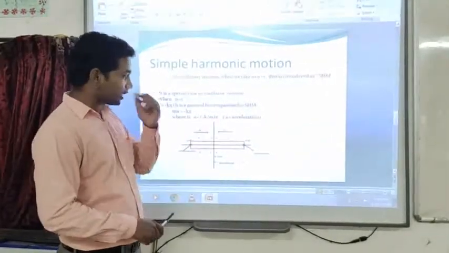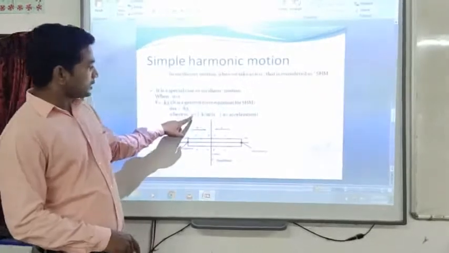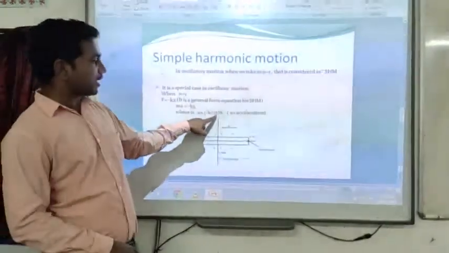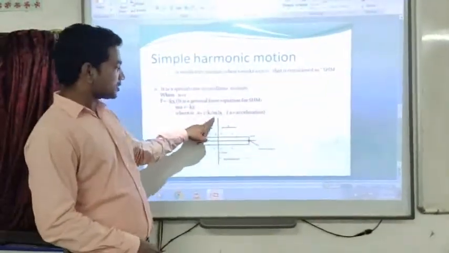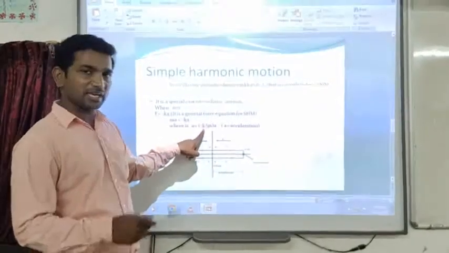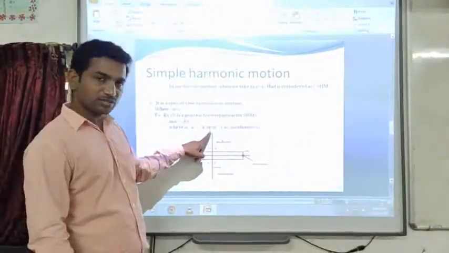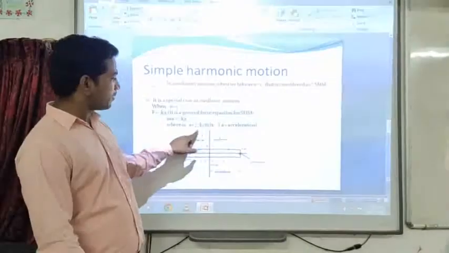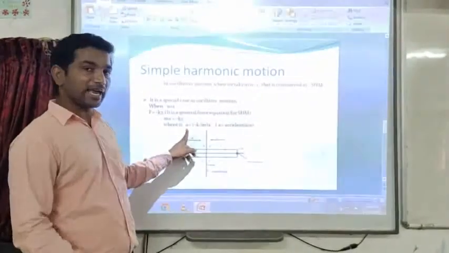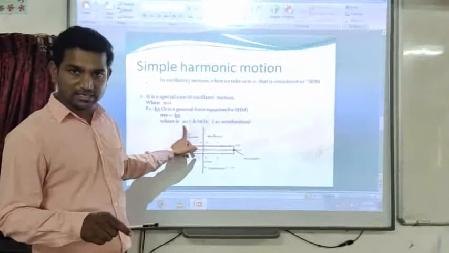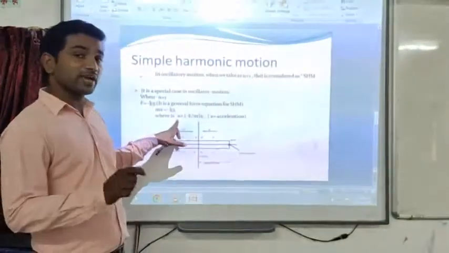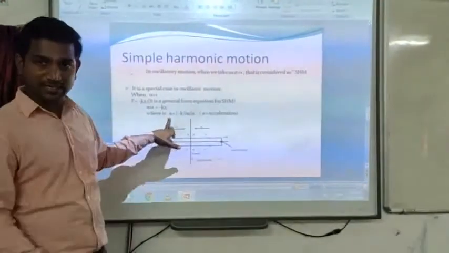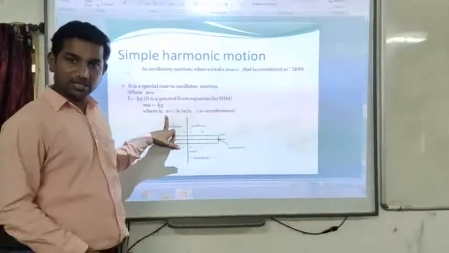Next, acceleration A = -(k/m)x. Here k is constant and the mass of the object is also constant, so A is directly proportional to x, but with the minus sign, A is directly proportional to -x. That is the second conclusion.